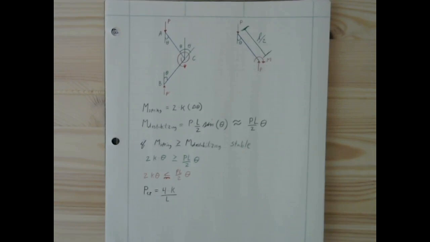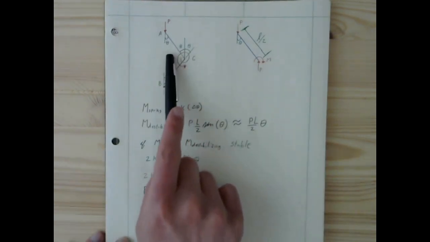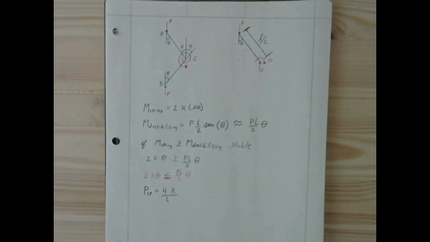So as long as we have small rotation, as long as the deflection is small enough that we can reasonably make this claim, then the critical force, the point at which we reach bifurcation, that's when we stop being stable in this state and just pop outward, is independent of the deflection, so long as the deflection is relatively small. So it's only a function of the length and the stiffness of the spring.